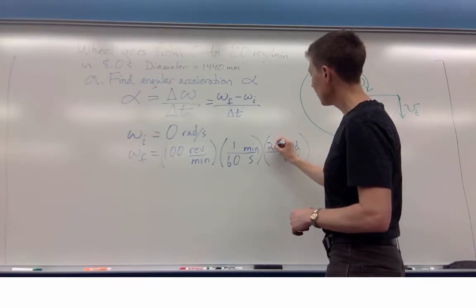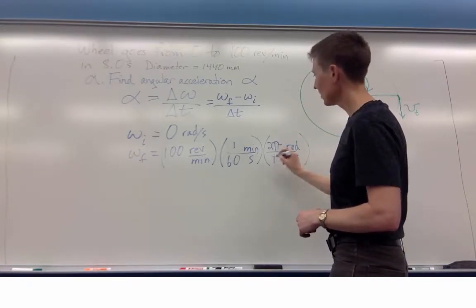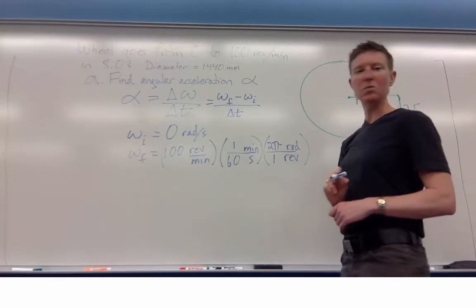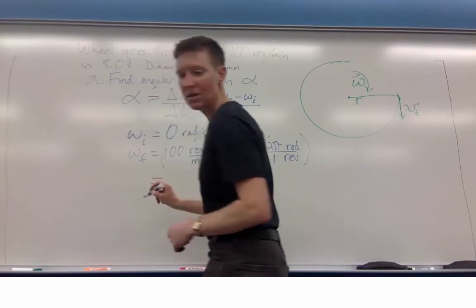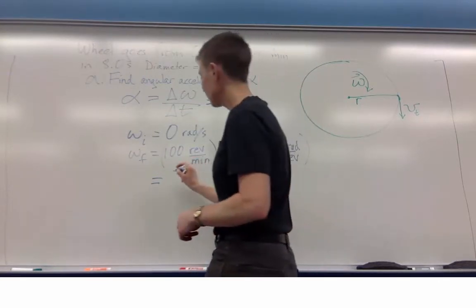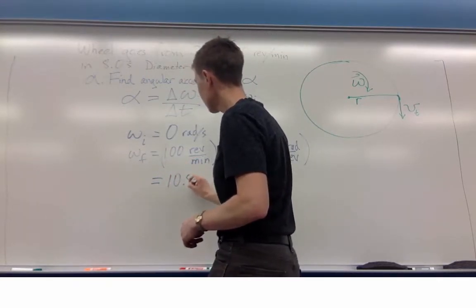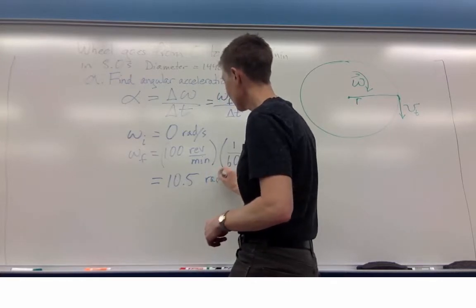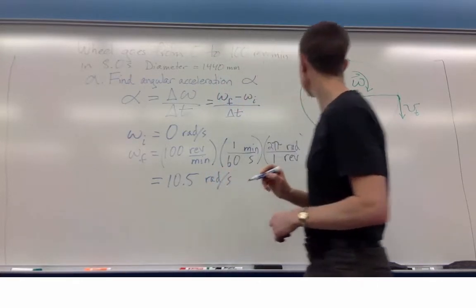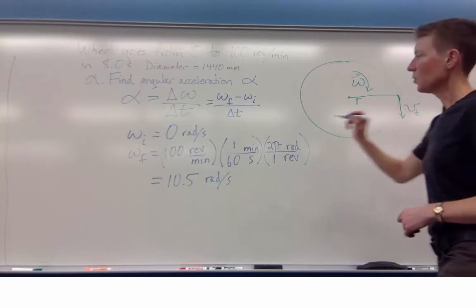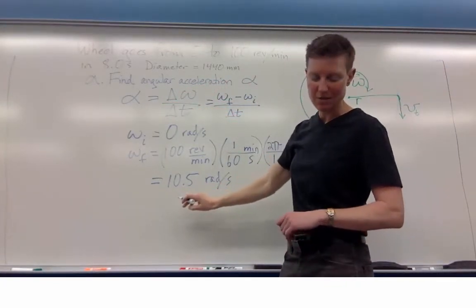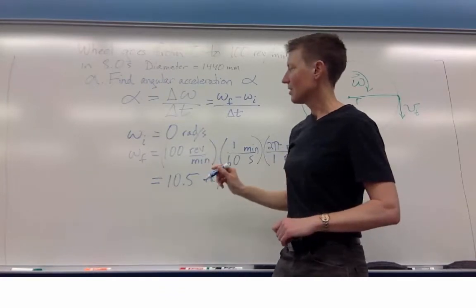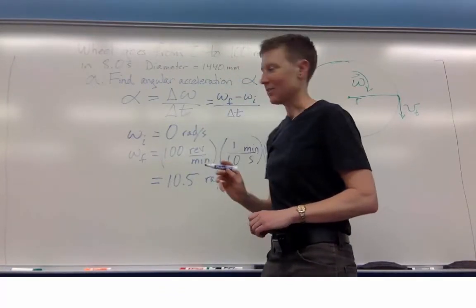So we have 2 pi radians per 1 revolution. When you multiply all of those values out, omega final is going to be 10.5 radians per second. All right, so we start at 0 radians per second, we finish at 10.5 radians per second, and that will tell us what the angular acceleration is.